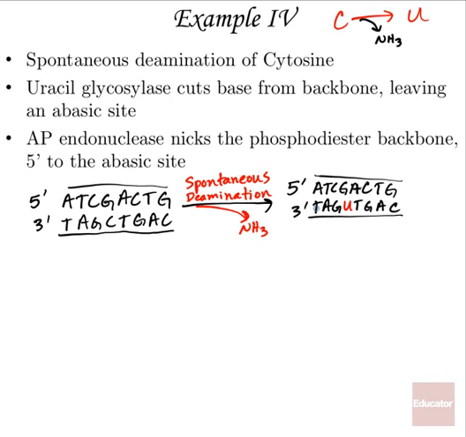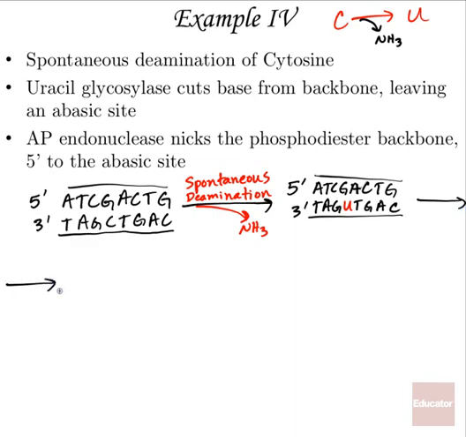Once we see that spontaneous deamination, we have what's called uracil glycosylase coming in and cutting this base from the backbone, leaving what's called an abasic site.